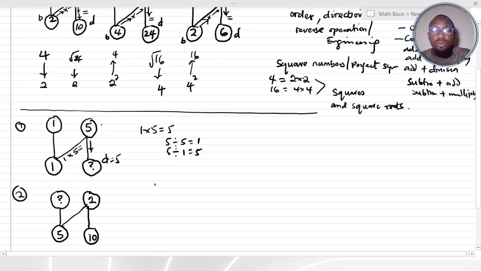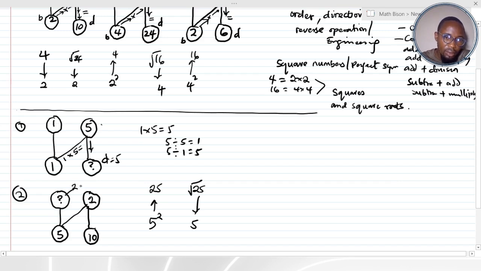This brings us back to the story of squares and square roots, because we know that 5 squared will give us whatever is up there, which is 25. And from there, if you want to check, the square root of 25 must give us 5, which we have down here. So it means that what is missing here is what? 25. And as you can see, 25 is another what? Perfect square. It's a square number.